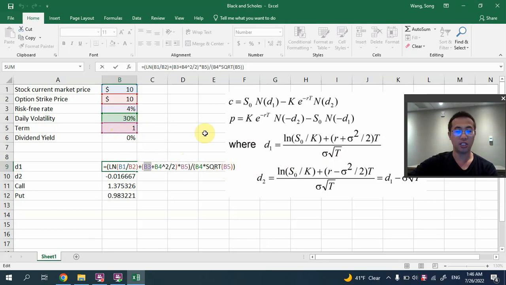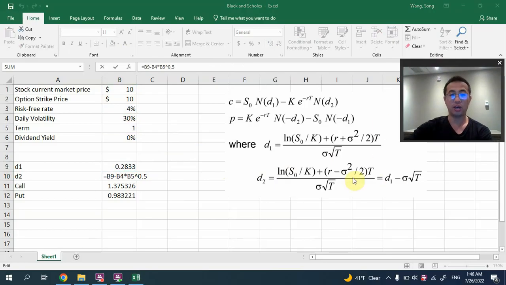So far, so easy. And for D2, you are going to use the D1, of course, which is right here, minus the square root of the term times the volatility.